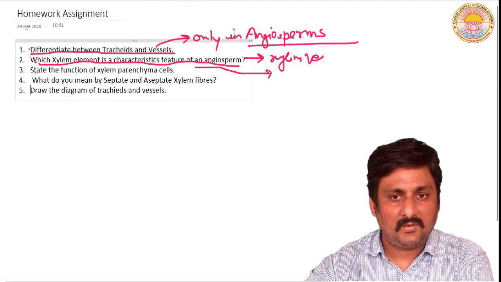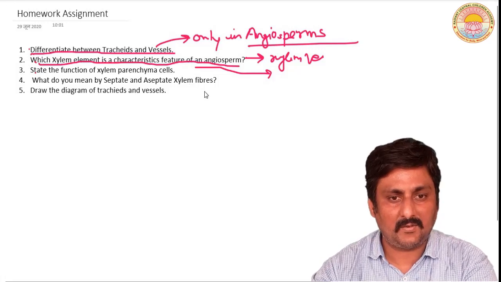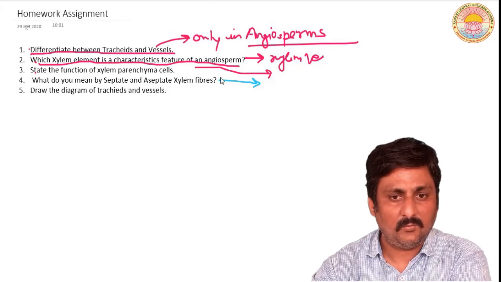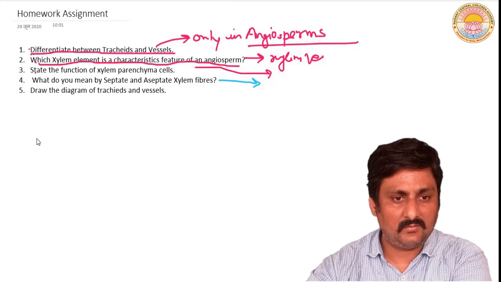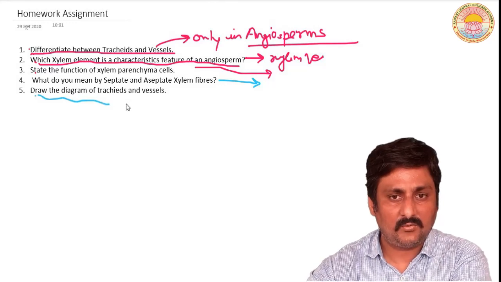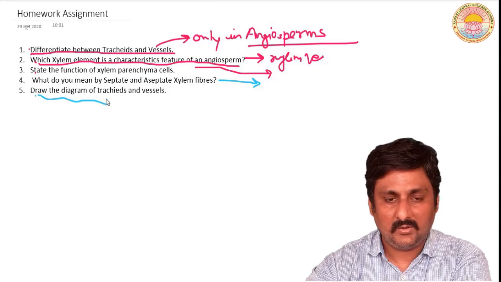So septate fibers, xylem fibers, are those which have walls in between, and aseptate means walls are not present. Now let us talk about the fifth question, the diagram of tracheids and vessels. The diagram is already given in the book. You can go through the diagram as such.